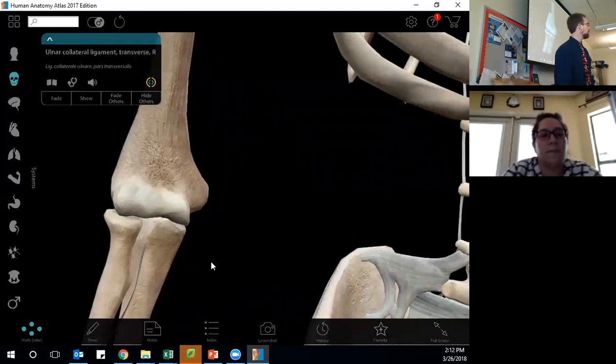Hinge. It opens, it closes, it flexes, it extends. It's got a secondary motion of pronation, supination, but only because it's kind of a complex joint. It's three joints that make up one. We have humerus into ulna, humerus into radius, and then radius into ulna.